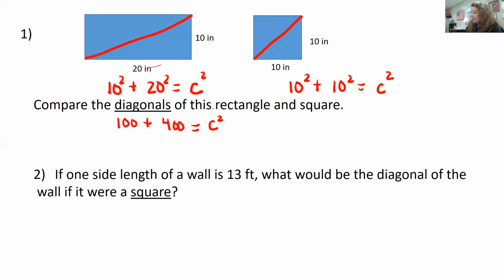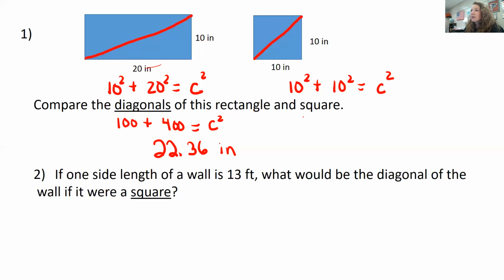So 100 plus 400, which of course is 500, and then the square root of 500 is 22.36 inches.